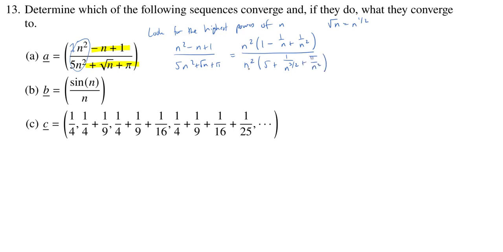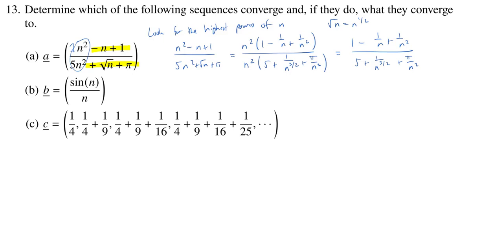You can distribute the n squared back in to make sure that we're really getting the correct original expression. Now we know that n is not going to be 0 in the long run, so we can cancel these n squareds, and I'm left with 1 minus 1 over n plus 1 over n squared over 5 plus 1 over n to the 3/2 power plus pi over n squared.